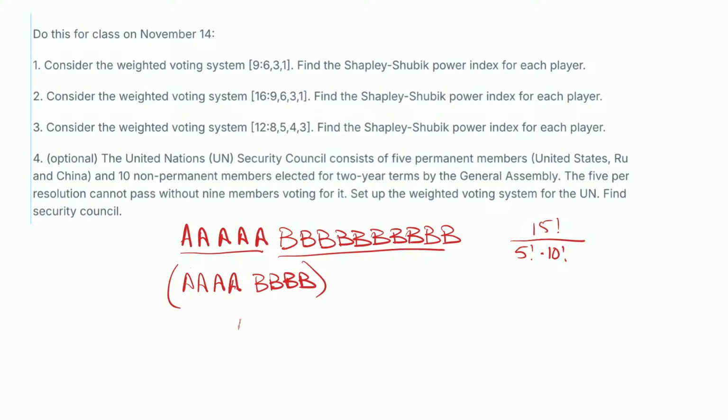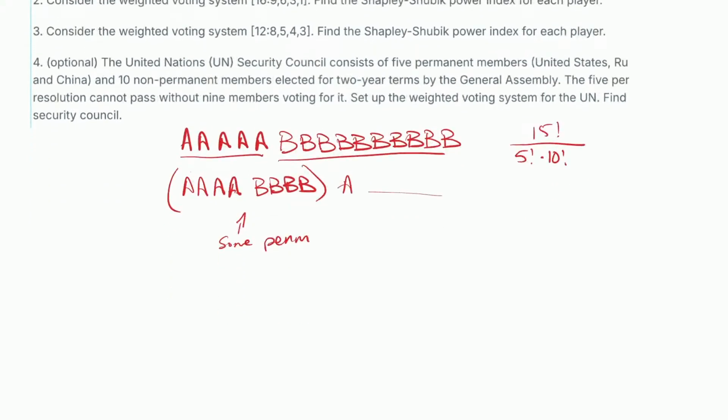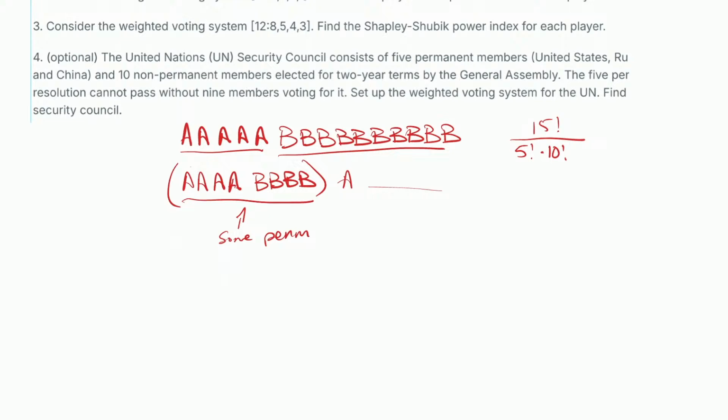So you have some permutation of this, and then you have the final A, and then we don't care about the B's. They can come whenever, they don't matter. So how many permutations do you have of this? The number of permutations will be 8 factorial over 4 factorial times 4 factorial.